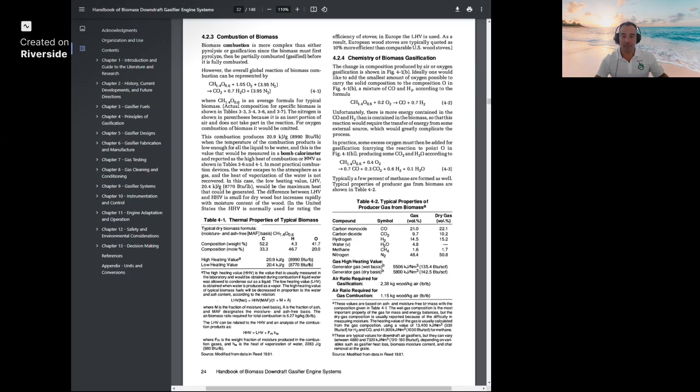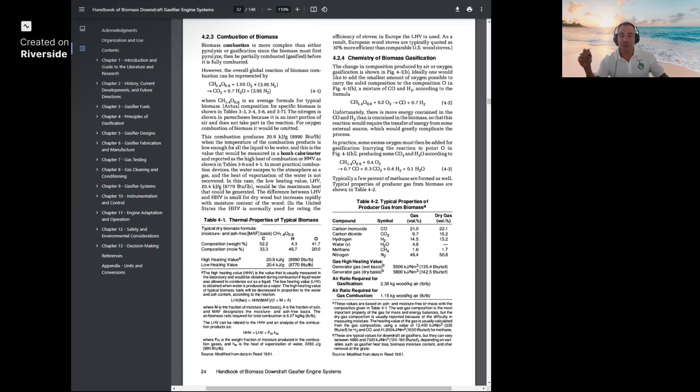The actual composition for specific biomass is shown in Tables 3.3, 3.4, 3.6, and 3.7. The nitrogen is shown in parentheses because it is an inert portion of air and does not take part in the reaction. For oxygen combustion of biomass, it would be omitted.